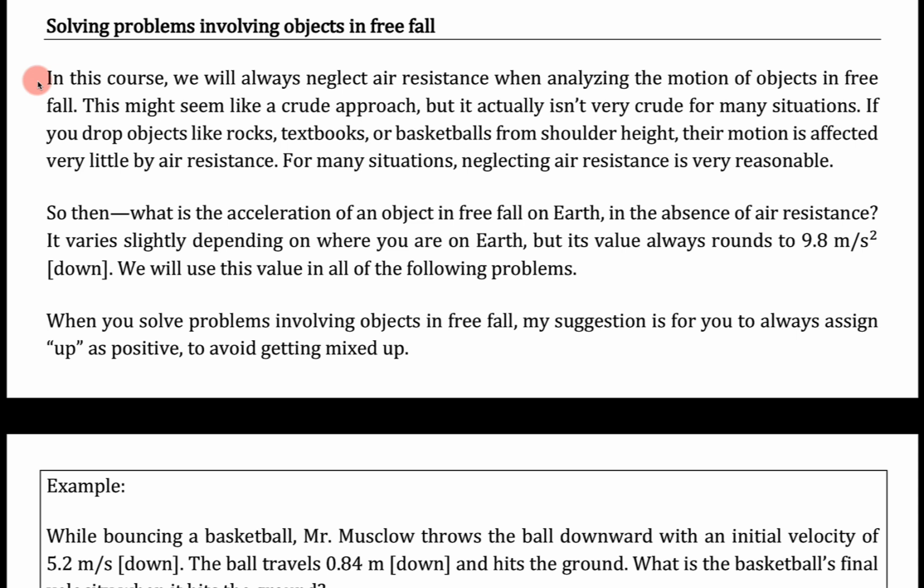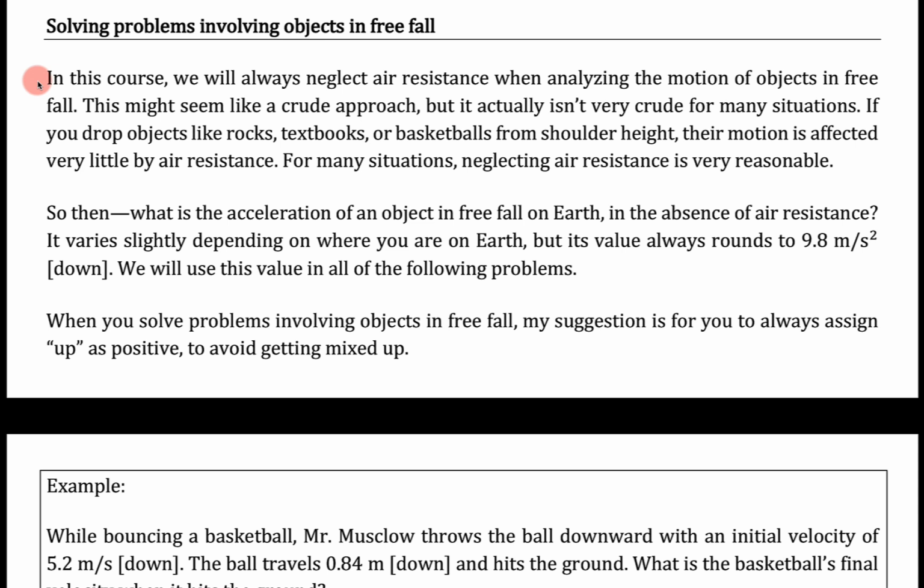Feathers are absolutely affected significantly by air resistance. But if we think about objects like rocks or textbooks or basketballs instead, if you drop these sorts of objects from shoulder height, their motion is actually affected very little by air resistance. So it's actually very reasonable to just neglect air resistance when you analyze their motions for most purposes.